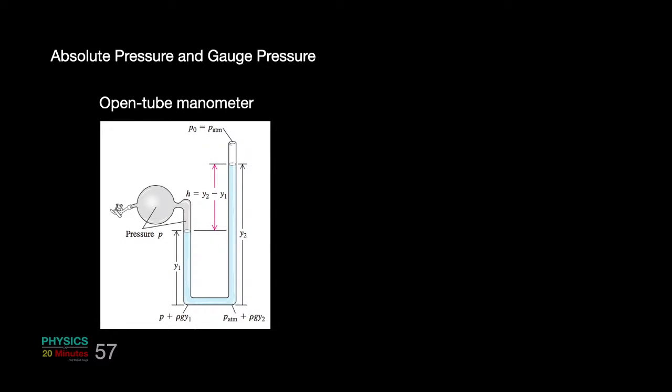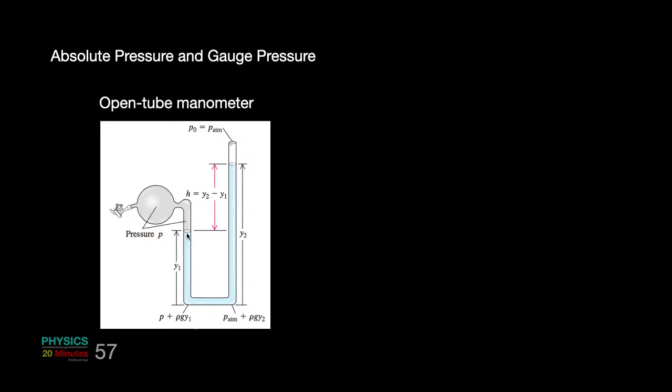This can be used again to measure the pressure. There are multiple devices which can be used to measure pressure. One is an open tube manometer. How does it look? In a very strict sense, it is a U tube containing mercury.